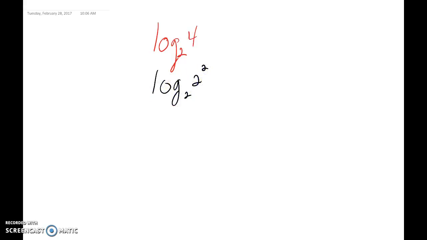Now remember, since logarithms and exponential equations are inverse functions, as long as we have the same base, which we do, the base in our exponential is a 2 and the base in our logarithm is a 2. Since logarithms and exponentials undo each other, this will cancel out and just give us an answer of 2, because that was our power.